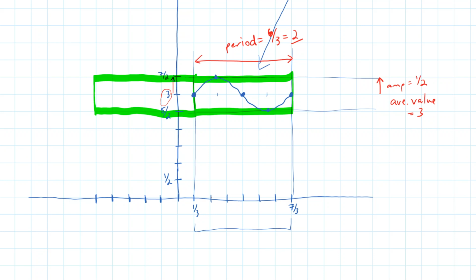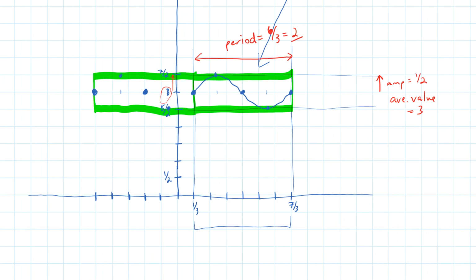So the end of the cycle in the first green box is at 3, so the beginning has to be at 3, and the middle has to be at 3 because it's a sine function. Now the first quarter is going to be at the top, and the second quarter, which is right here, is going to be at the bottom. And I know it's overlapping with my labels, but it shouldn't be too bad at this point.